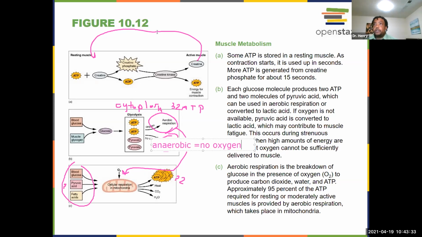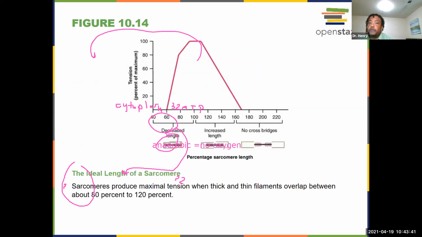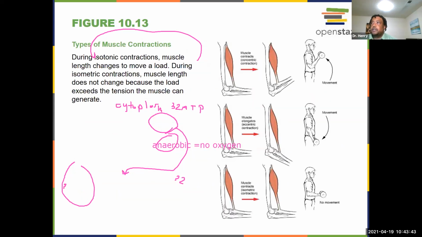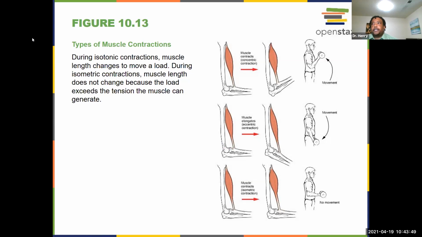Okay, so let's talk about muscle contraction. There are different types of muscle contractions. One type is isotonic muscle contractions.